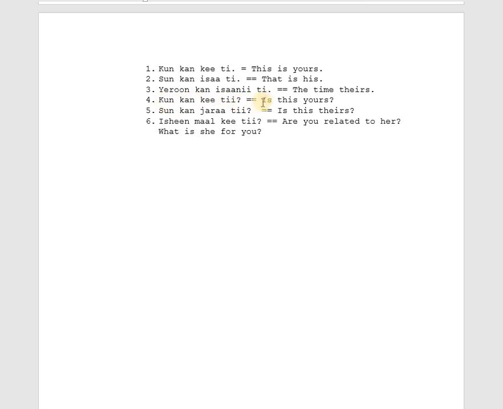Kun kan keetii, sun kan jaraatii, isheen maal keetii. So these are some of the concluders that we use.